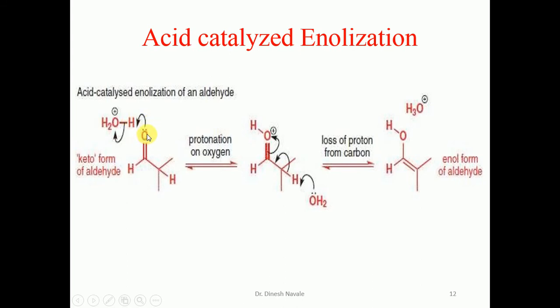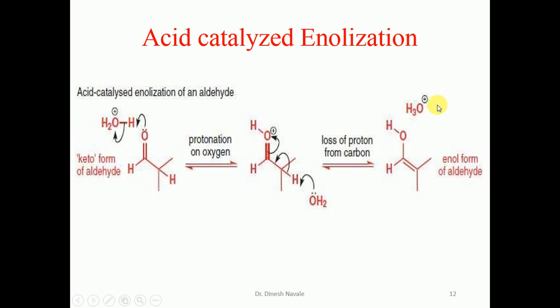As soon as the carbonyl oxygen gets protonated, it makes the carbonyl carbon more electron deficient and makes the carbon-hydrogen bond weak, because it attracts the electron density toward the carbonyl carbon and oxygen. As soon as this carbon-hydrogen bond becomes weak, this proton becomes acidic in nature, so it is picked up and the enol is formed.